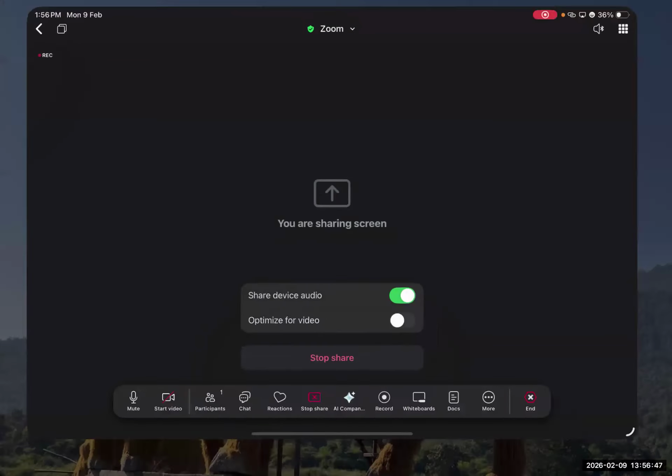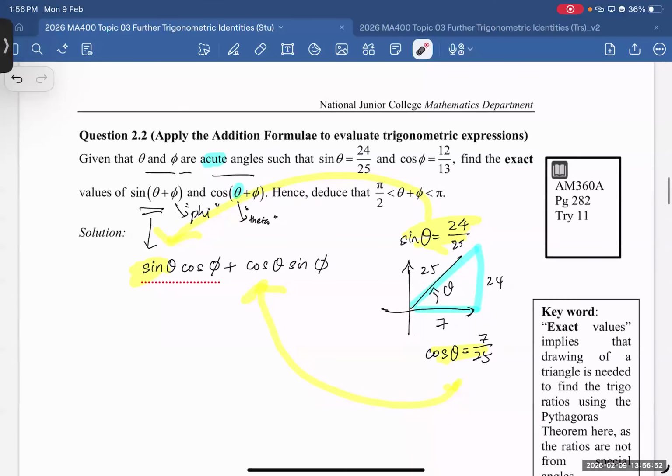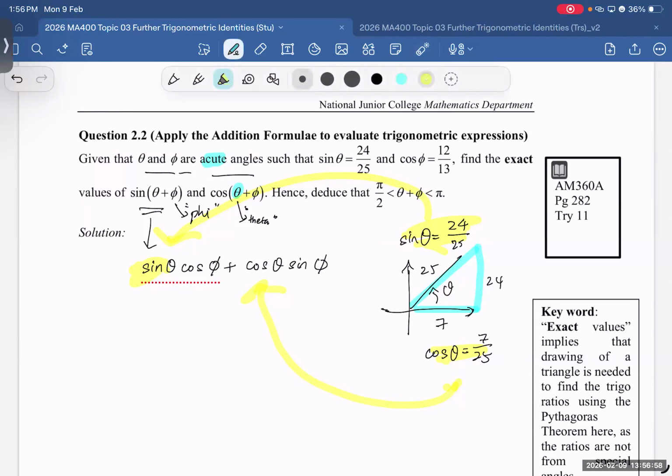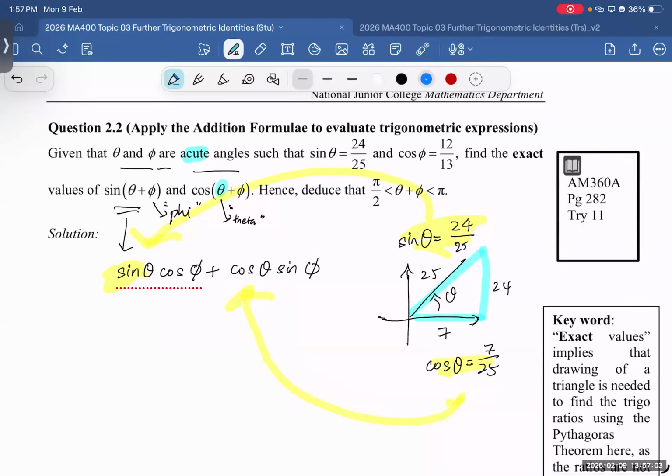Yes, phi. And if you were listening just now, you would know that I've said it 1,000 times. So you need to listen. I cannot be repeating everything just for you.